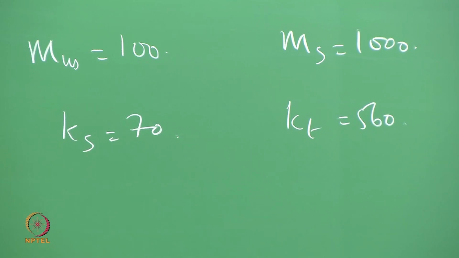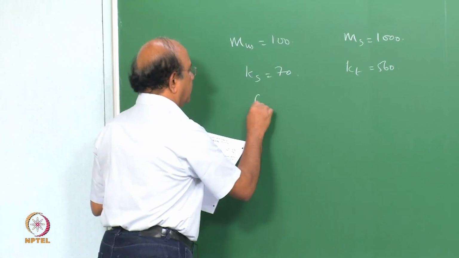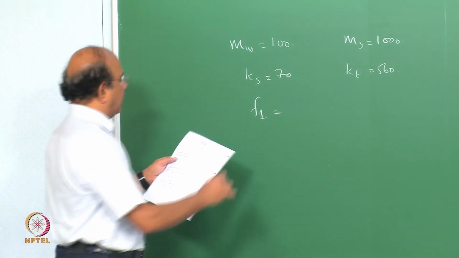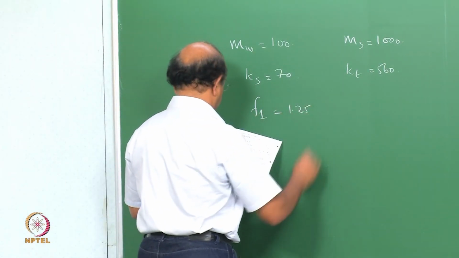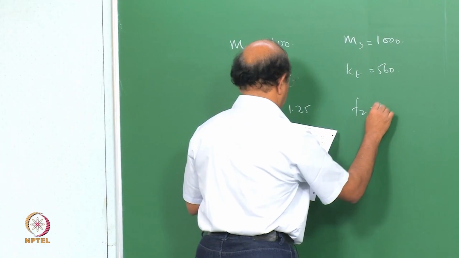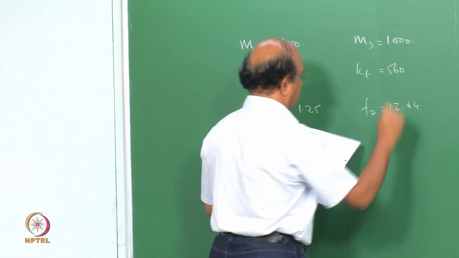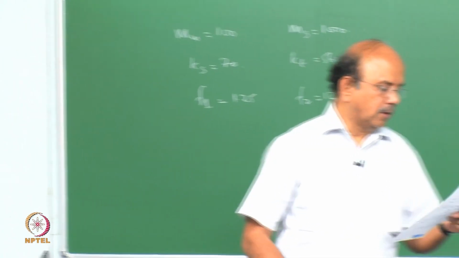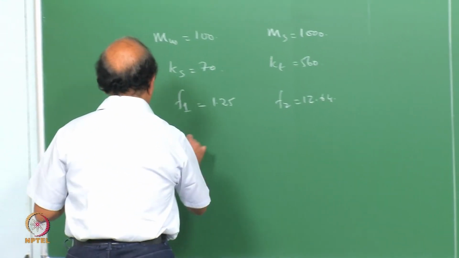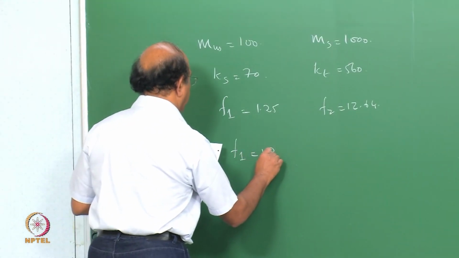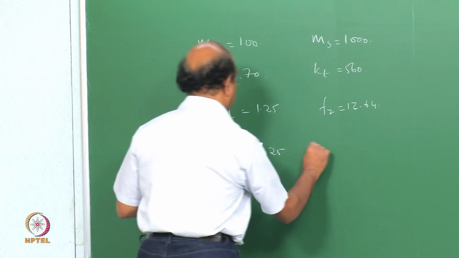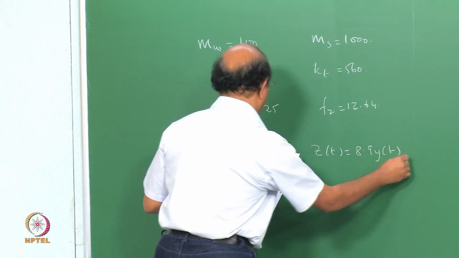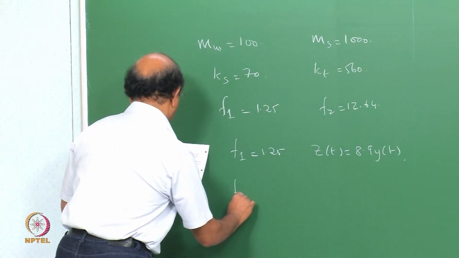If I calculate omega 1 and omega 2 in cycles per second, hertz, F1 happens to be 1.25 and F2 happens to be 12.64.